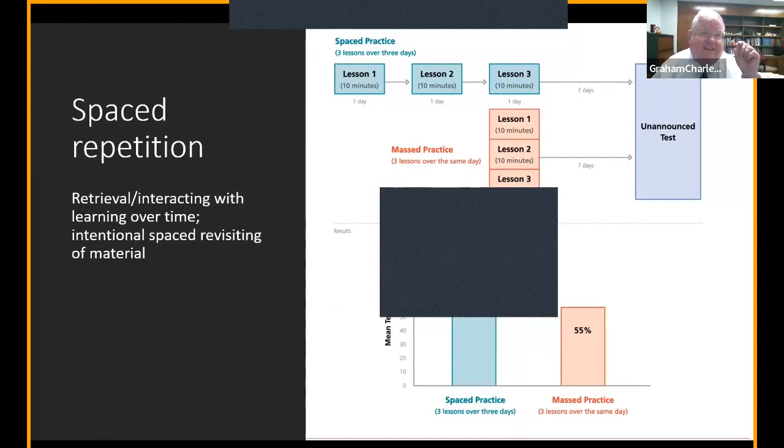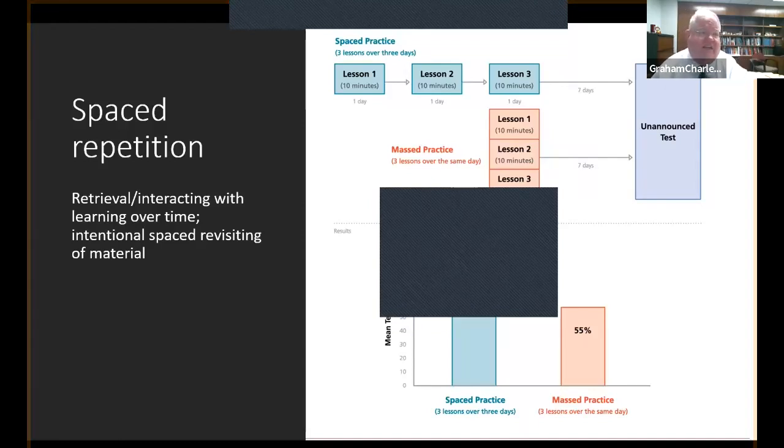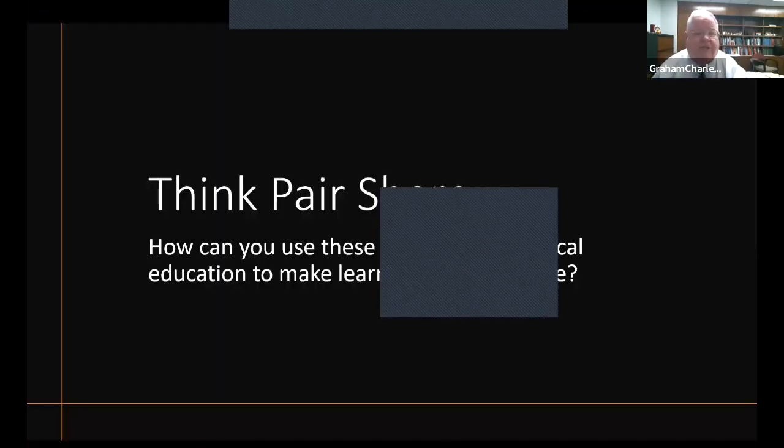So being intentional and thinking about what topics we want to repeat and when we are going to do it, and spacing it out really makes a difference.